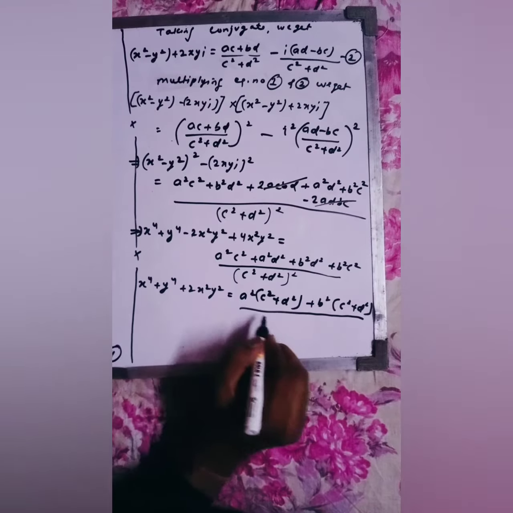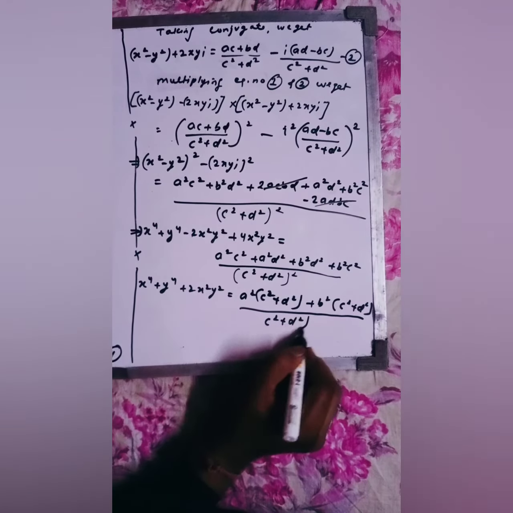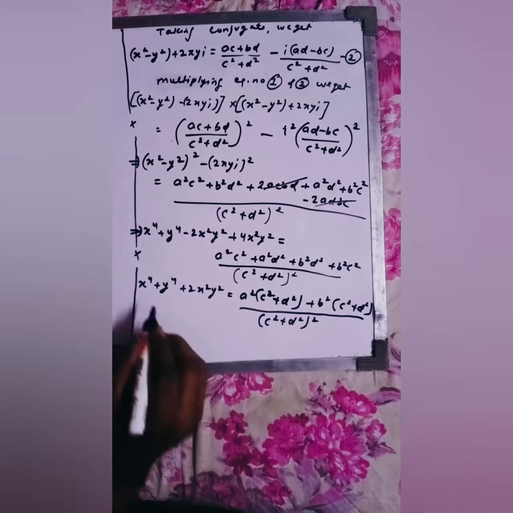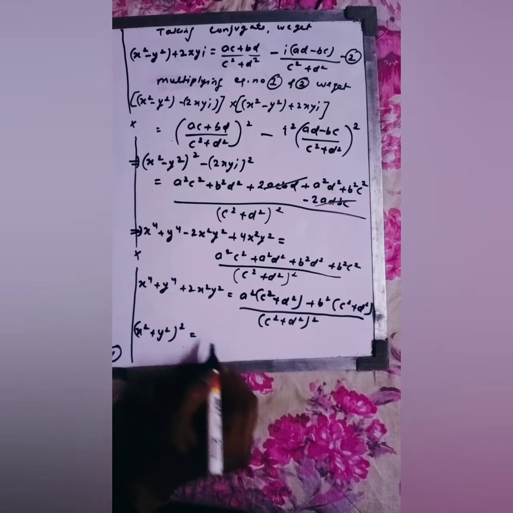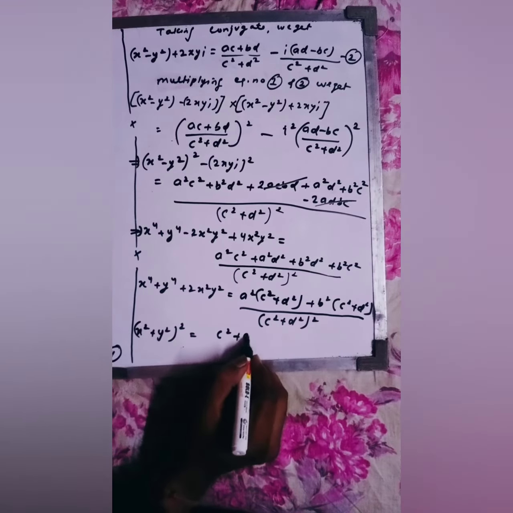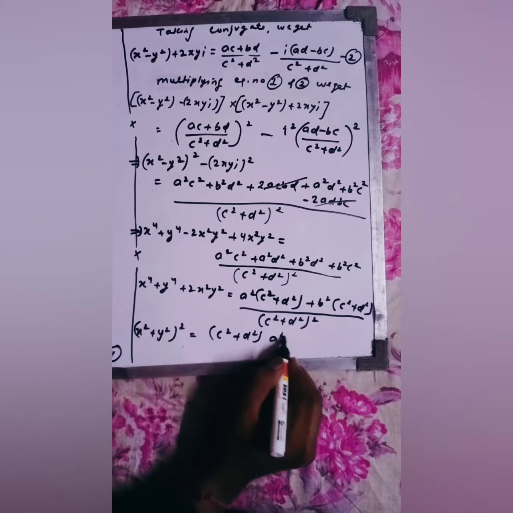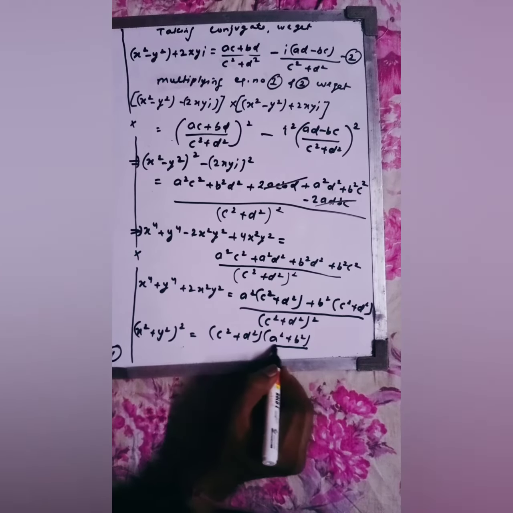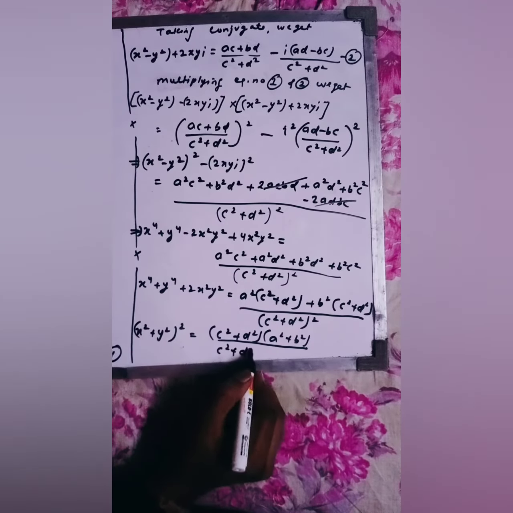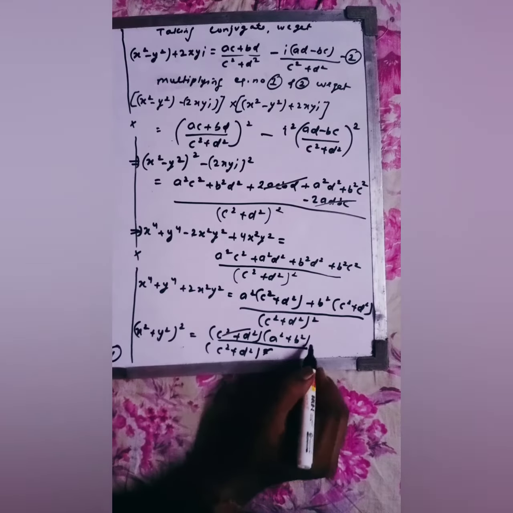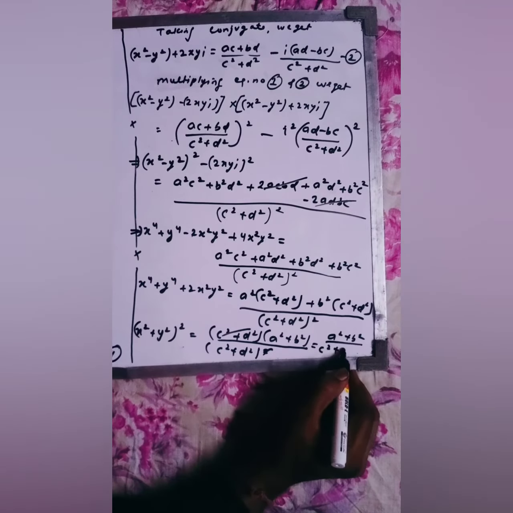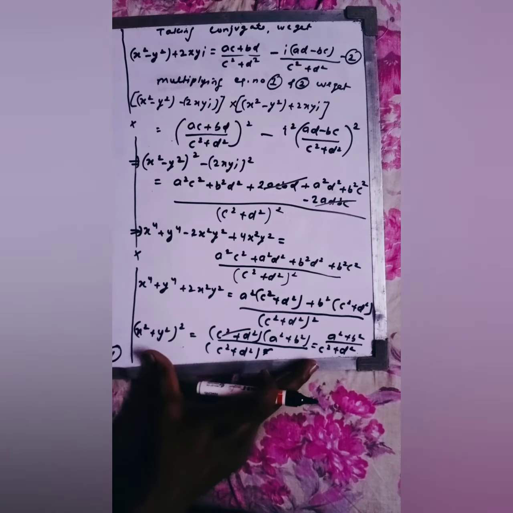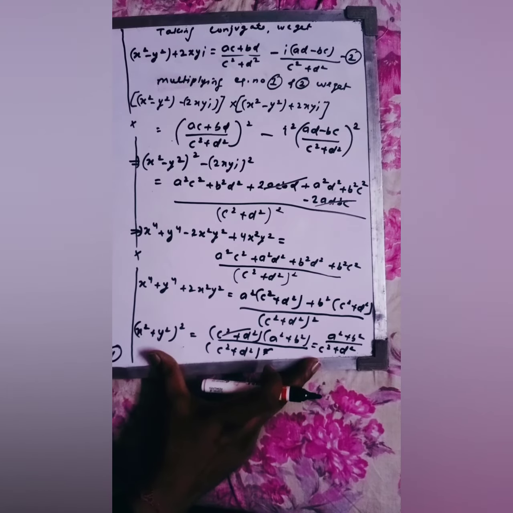This over c square plus d square whole square. And this can be written as x square plus y square whole square, and c square plus d square into a square plus b square over c square plus d square whole square. This term and this term will cancel out and you will get a square plus b square over c square plus d square. So this is what you have to prove.